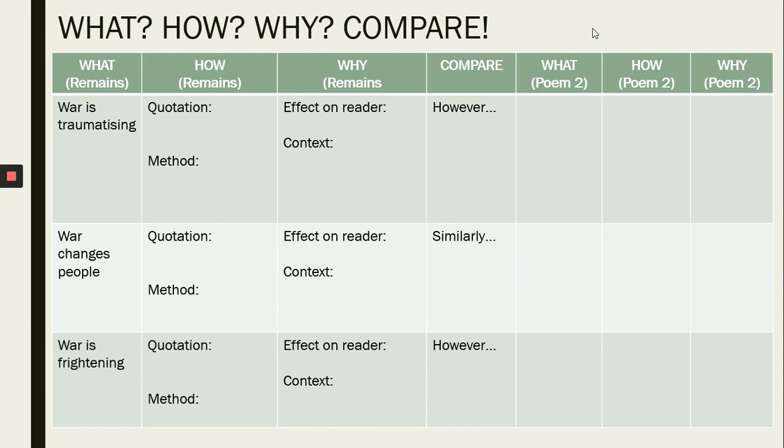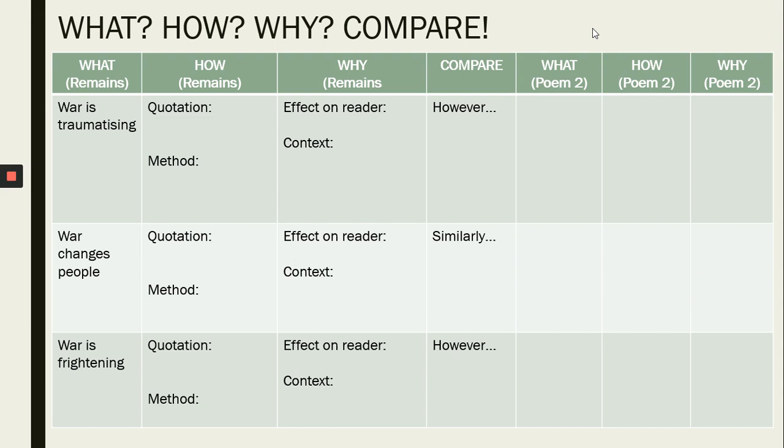So as you can see from this, I have written down my 3 points on the left-hand side for Remains, and then there are gaps on the other side for my other poem. So on your sheet, you will have 'war is' in those boxes. I've written in traumatizing, changes people, frightening, because those are my points. If you want to use my points, you are welcome to, but you can write your own points if you think you've got better ones, and you probably have, to be quite frank.